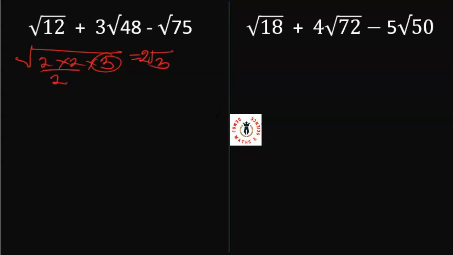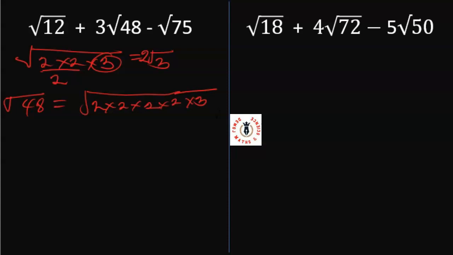Let's look at root 48. Root of 48 is 2 times 24, that's 2 times 2 times 2 times 2 times 3. 2 times 2 is 4, 4 times 2 is 8, 8 times 2 gives us 16, and 16 times 3 gives us 48.